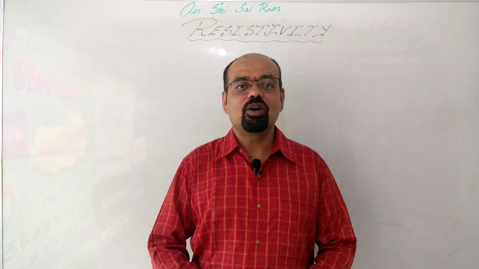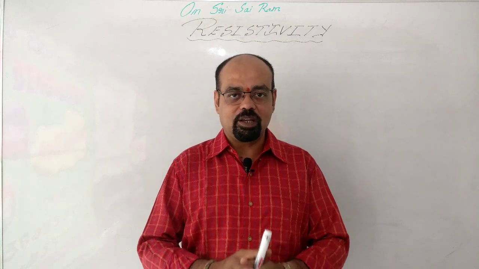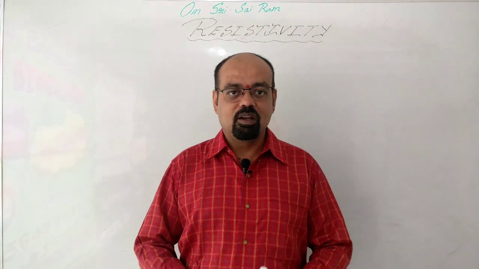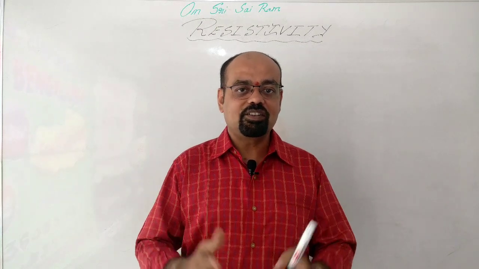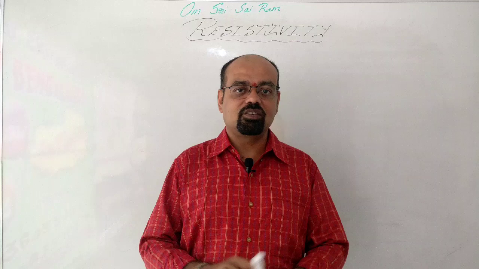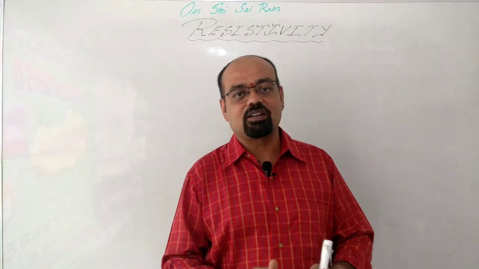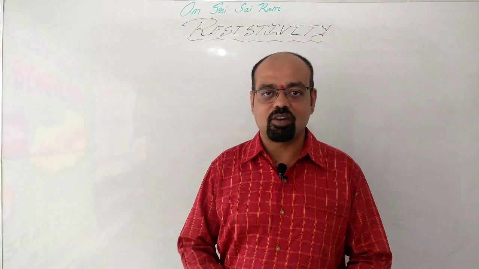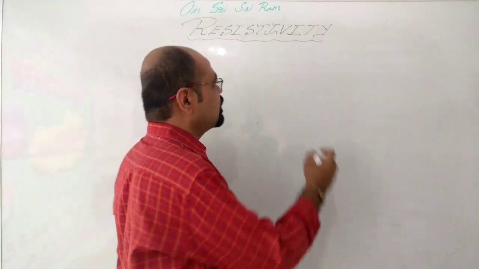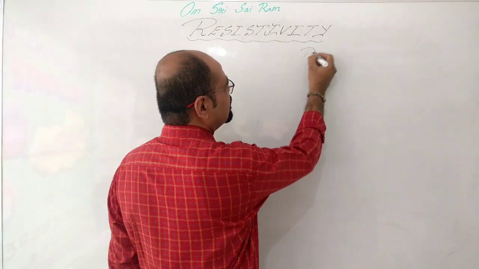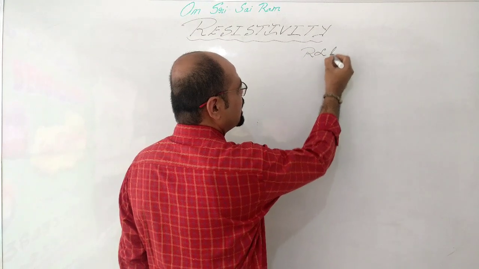Today we are going to discuss the topic resistivity. In my previous session we had discussed resistance and the factors on which resistance depends. In that we had studied four factors. One is resistance is directly proportional to length.